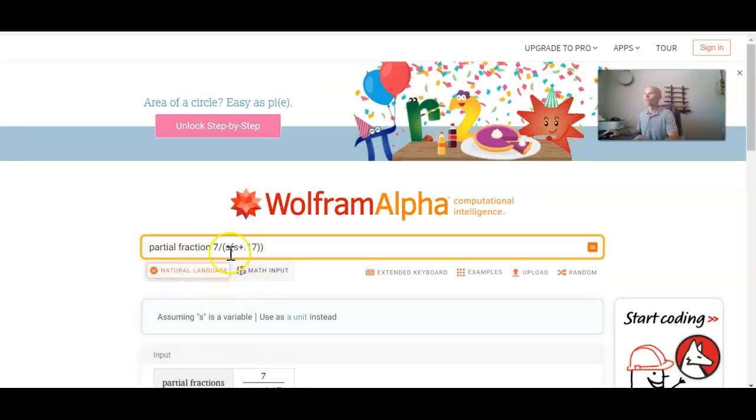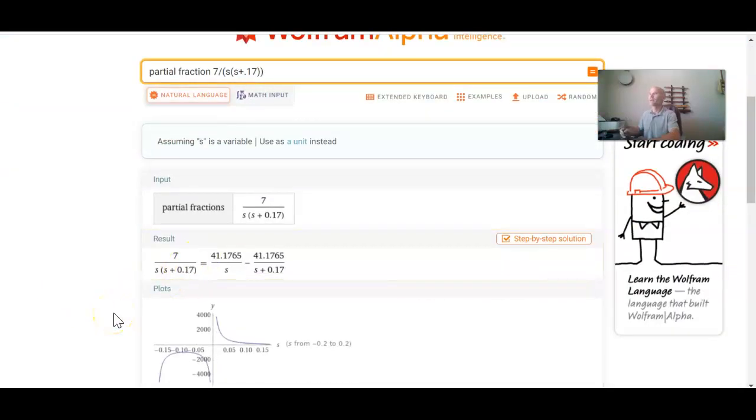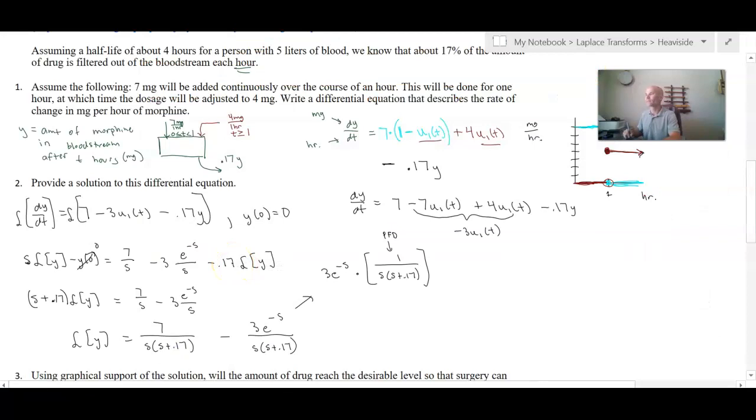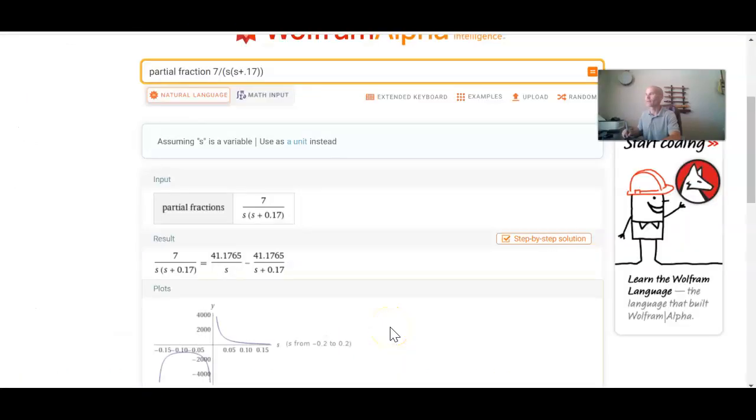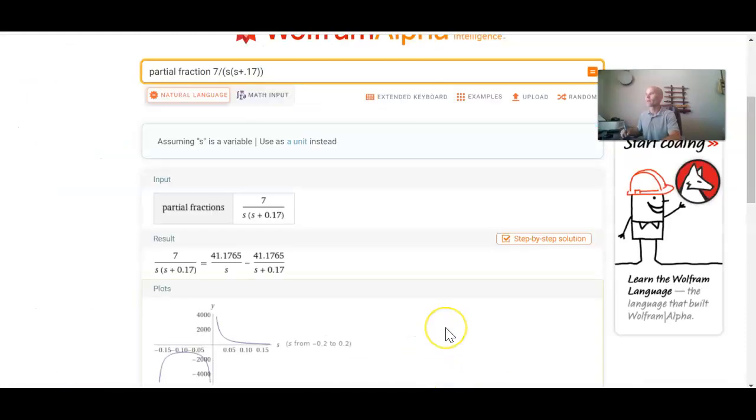And here I already have the partial fraction of 7 over s times s plus 0.17. It comes out to 41.1765 over s, and then we have minus the same thing over s plus 0.17.